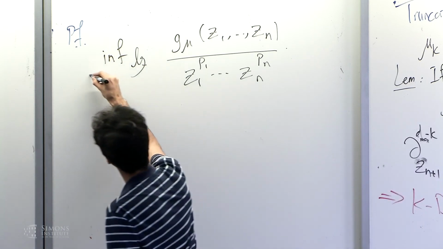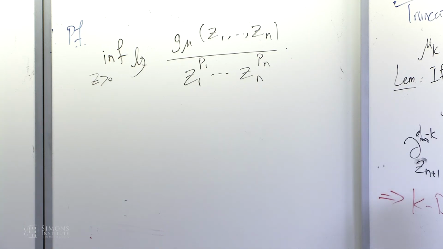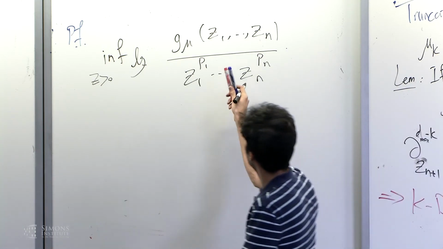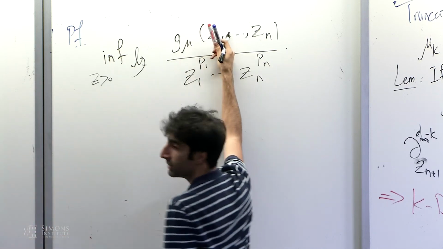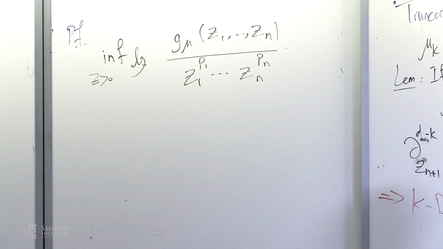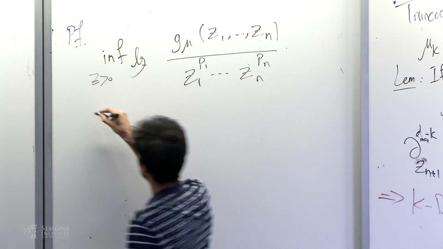The infimum is over all z's which are non-negative. I claim that the optimum, if you optimize this, you plug in lambda for the optimum z, that exactly gives you the right external field. Okay. So first, why can you solve this? How to solve?